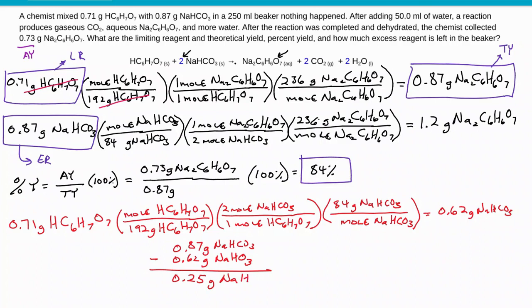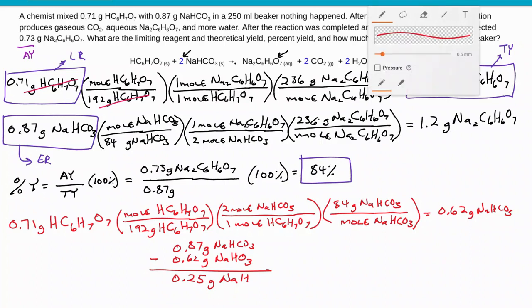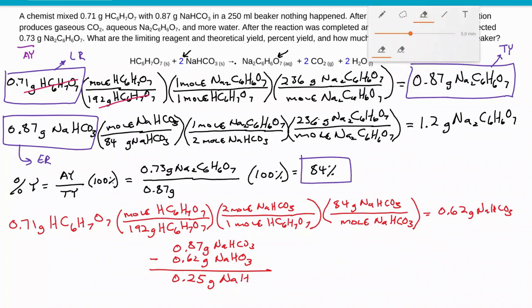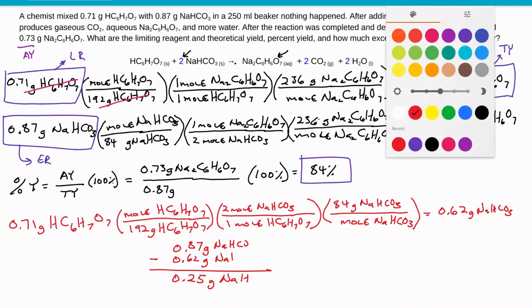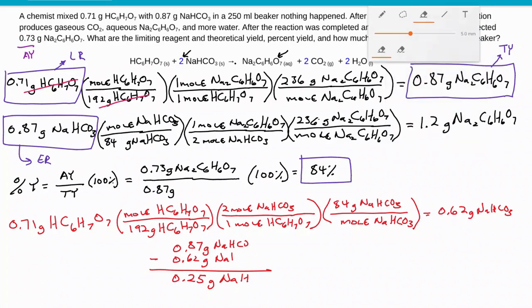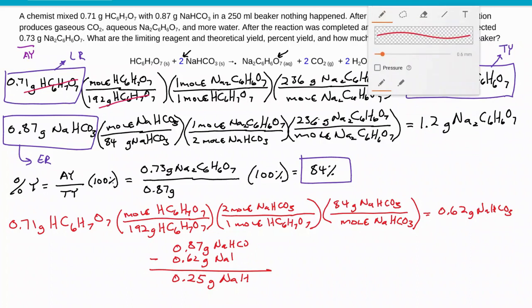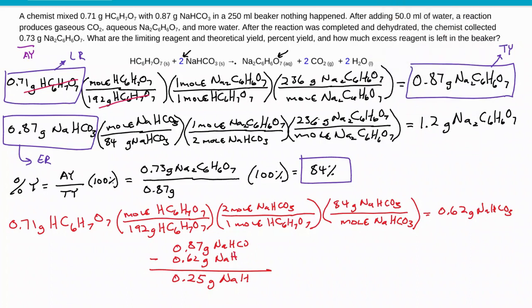Ooh, I see an error that I made. Let's fix that real quick. Sorry about that. That was not meant to be intentional, but we'll fix it. So NaHCO3, not CO3. And this is the excess mass in the beaker.